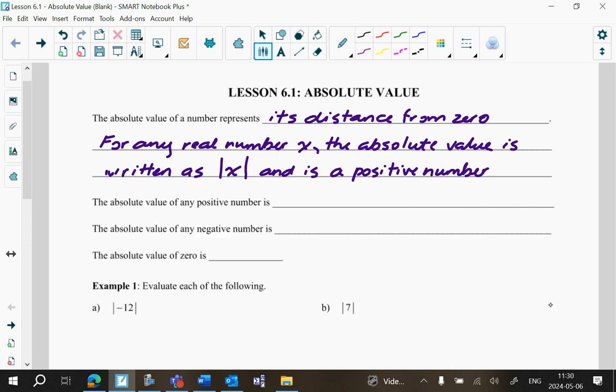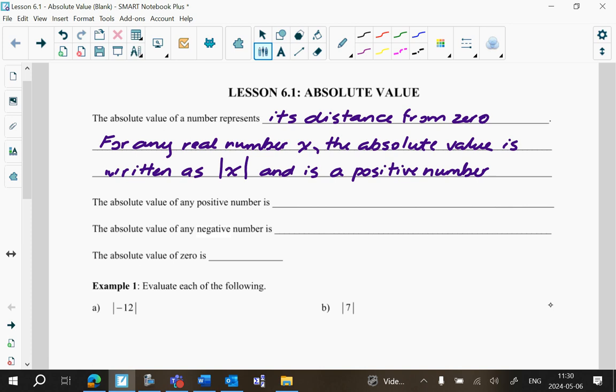If we want to talk about debt in business, we can often use absolute value to help us express it, because you never say that you're in a debt of negative $100. You say you're in a debt of $100. So the actual debt is negative 100, but you would say it as 100. In other words, the absolute value of negative 100.